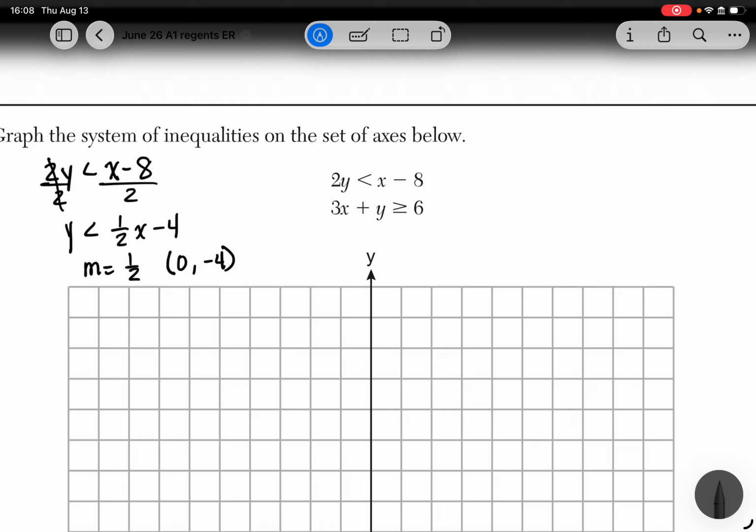And we're going to do the same thing with the other inequality, so 3x plus y is greater than or equal to 6. And we want to get y by itself, so we need to subtract 3x from both sides. But once again, I want to make sure it's in slope-intercept form, so in the form of y equals mx plus b. So we have y is greater than or equal to -3x plus 6.